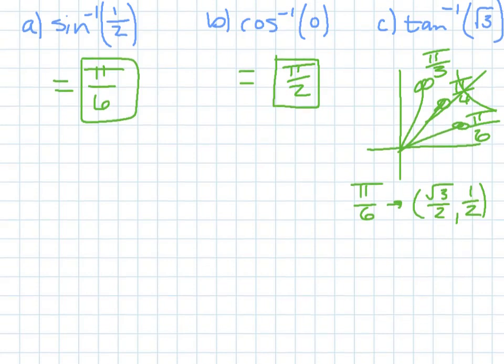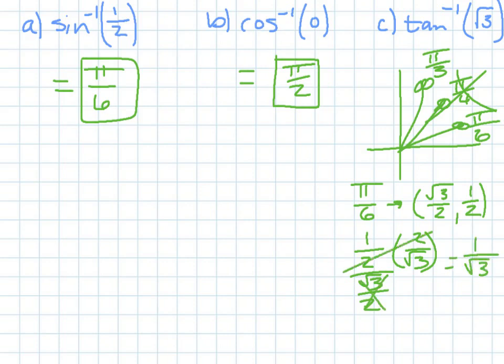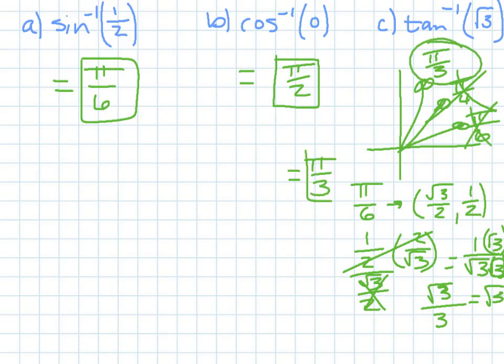So if I do the ratio there, 1/2 divided by square root of 3/2, and then multiply by the reciprocal, those cross out, gives me 1 over square root of 3, and if you rationalize, that gives me square root of 3 over 3, so that is not equal to square root of 3, so then that means that pi/6 is not right, but pi/3 is. So then that would be my answer for the inverse tangent of square root of 3.